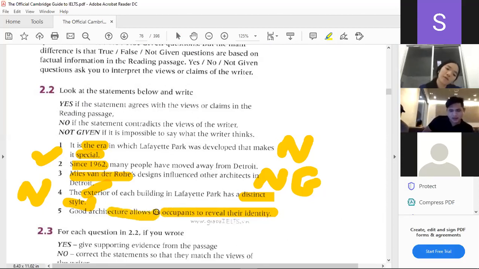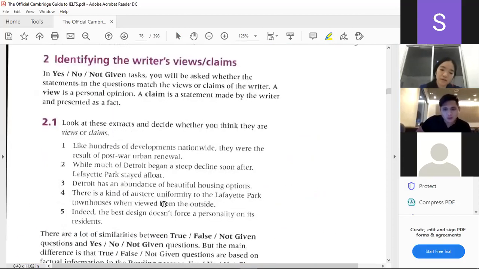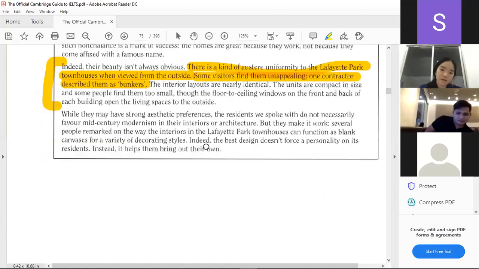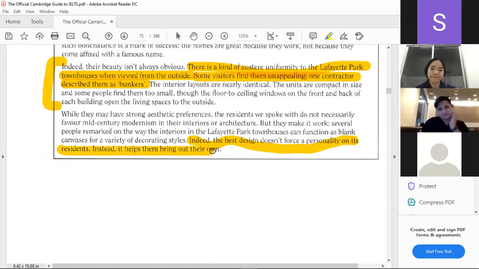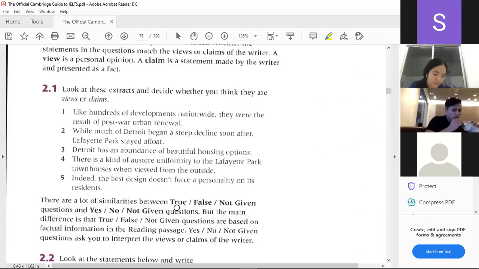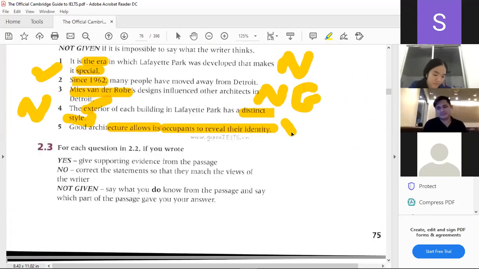Instead, it helps them bring out their own, meaning their identity. Thank you. Yes, correct. The last one is a yes. Very good. So apparently you all got the right answer except number 1.